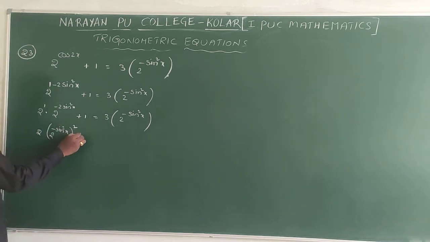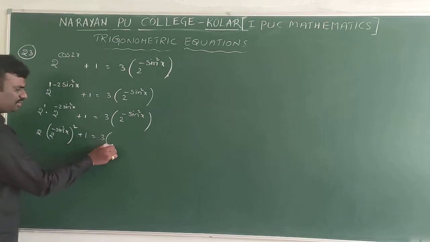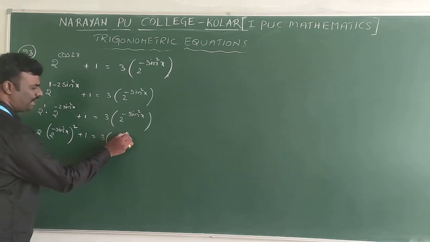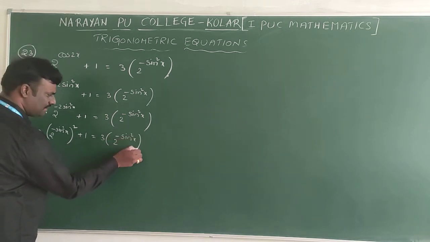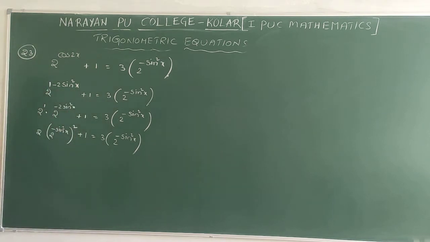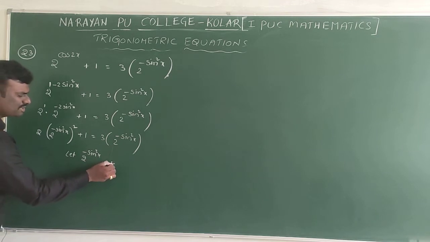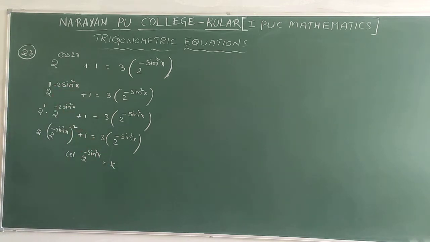Plus 1 is equal to 3 into 2 power minus sin square x. Here 2 power minus sin square x is there in both places, so let 2 power minus sin square x be equal to some k. Why? Because we are simplifying the equation.